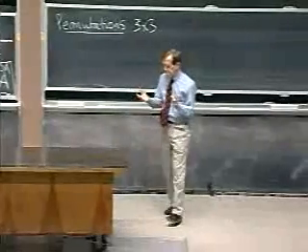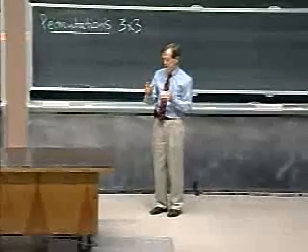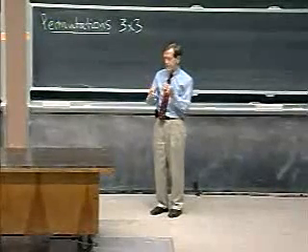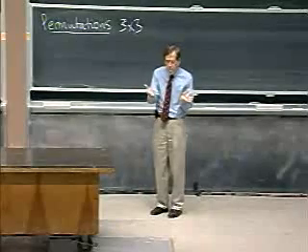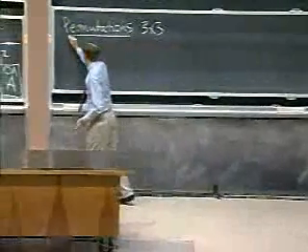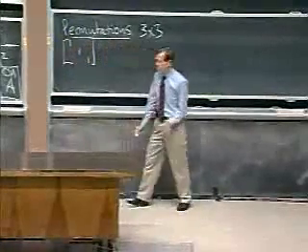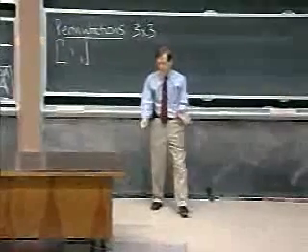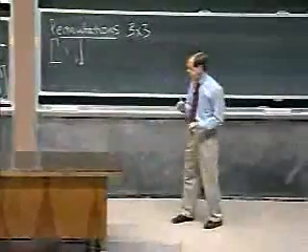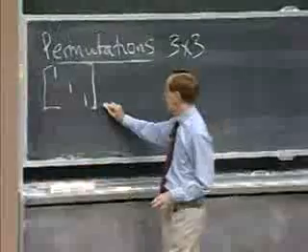What are all the matrices that exchange no rows at all? Well, I'll include the identity. So that's a permutation matrix that doesn't do it. Now, what's the permutation matrix that exchanges?